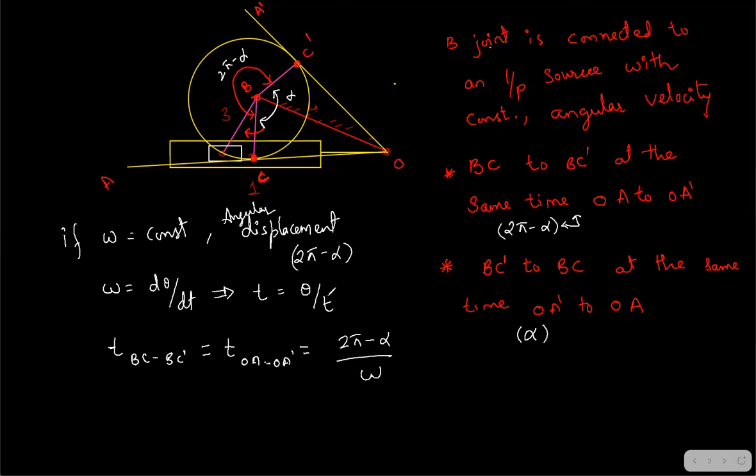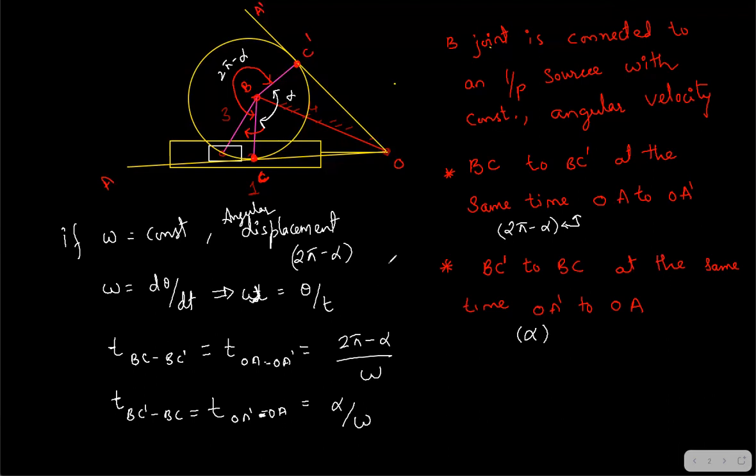Just cross multiply. Sorry, omega is equal to, yeah, omega. And then the time taken from BC dash to BC, which is equal to the time taken from OA dash to OA, is equal to alpha by omega.